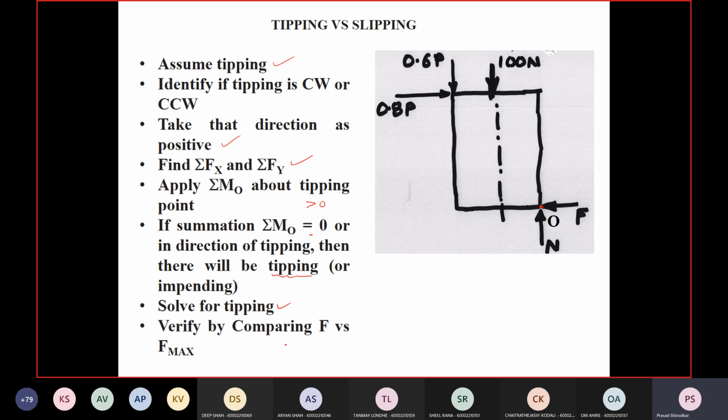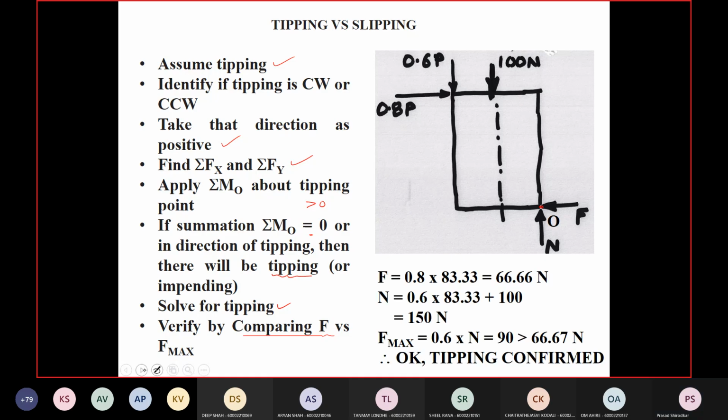Now the last step is remaining. We have to verify by comparing F versus F max. Now here we have taken P is equal to 83.33.